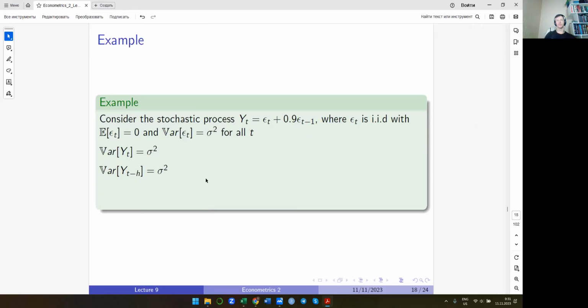And finally, the autocorrelation of lag h is the autocovariance of lag h divided by the square root of sigma to the power of 4, so sigma squared times sigma squared. For h equals 1, the first order autocorrelation is 0.9 sigma squared over the square root of sigma to the power of 4, and this is just 0.9. So this is a number that does not depend on sigma. And you see that it somehow matches.